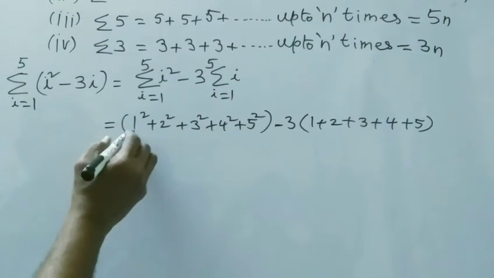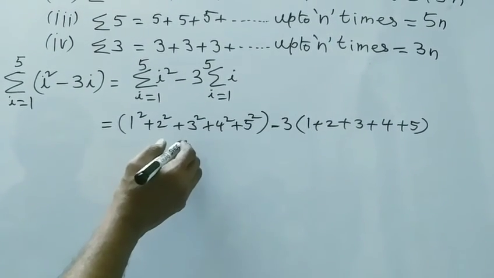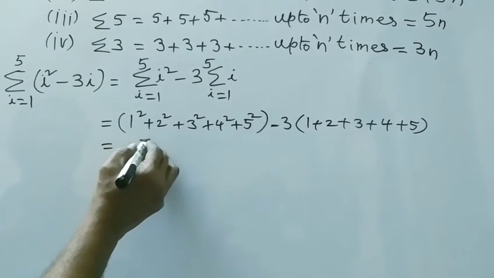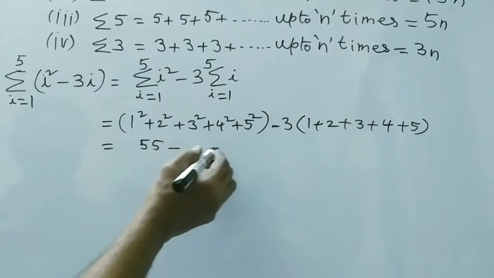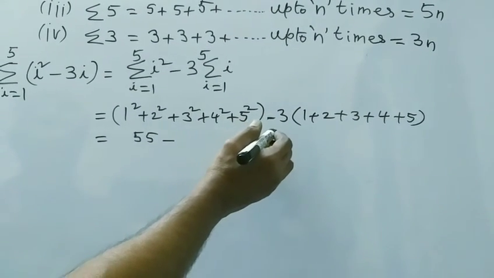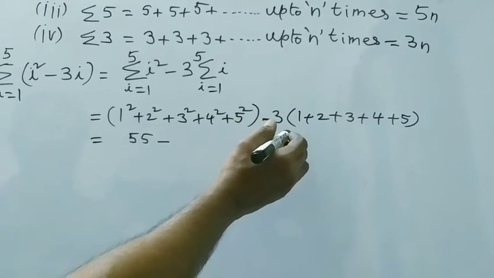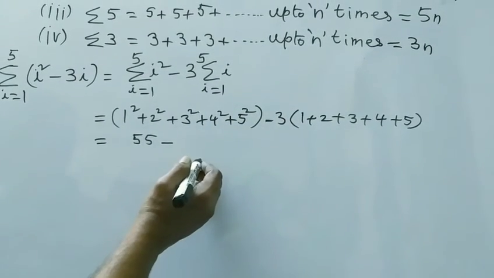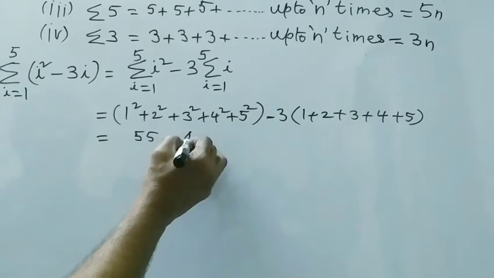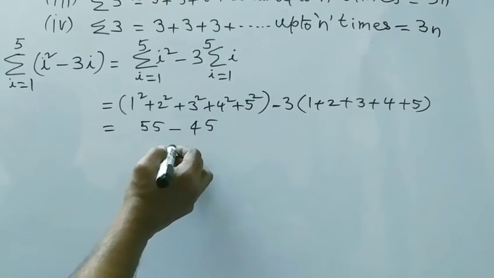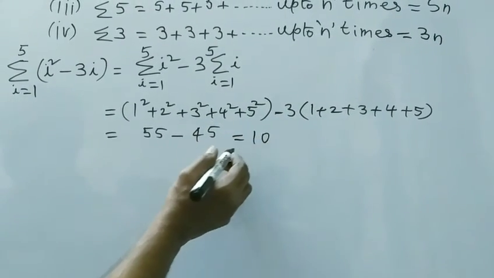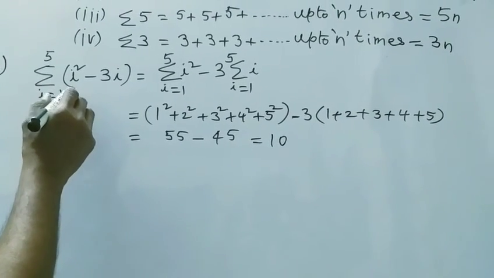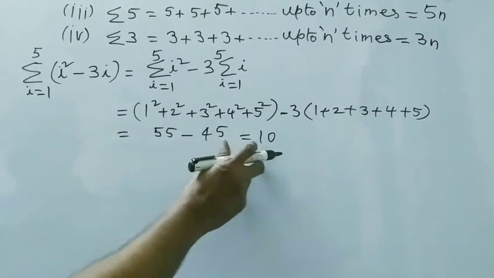On simplification, 1 square plus 2 square plus 3 square plus 4 square plus 5 square becomes 55, minus 3 into (1 plus 2 plus 3 plus 4 plus 5), and this value is 45. So 55 minus 45 is equal to 10. Therefore summation of i is equal to 1 to 5 of i square minus 3i is equal to 10.